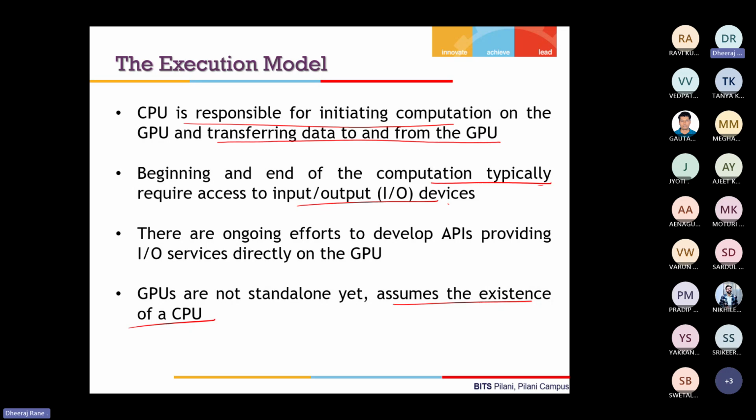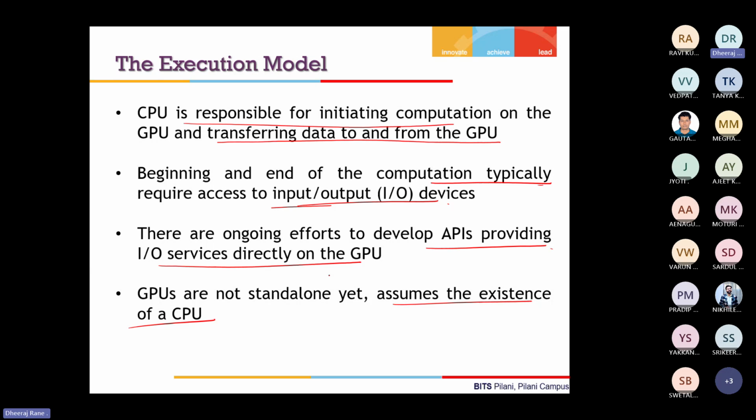So the beginning and end of the computation will require the intervention of the CPU, and somehow we will require access to input and output devices when we have some input and output corresponding to the GPU operation, right? And there are some ongoing efforts so that an API can be developed so that we can provide IO services directly on the GPU, right?